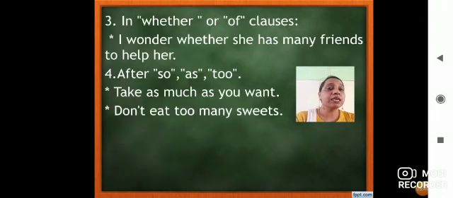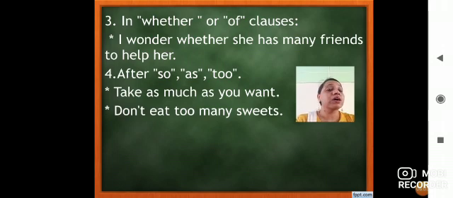Next is when there are whether or if clauses in the sentence. I wonder whether she has many friends to help her. So in such a case you will use many.